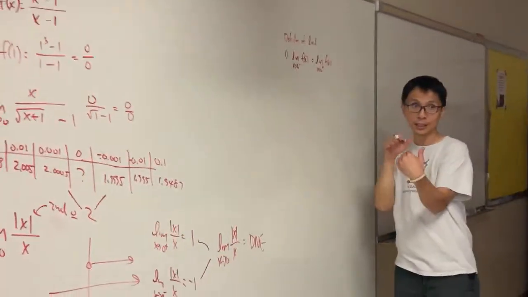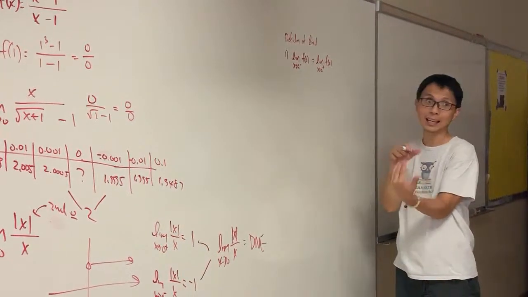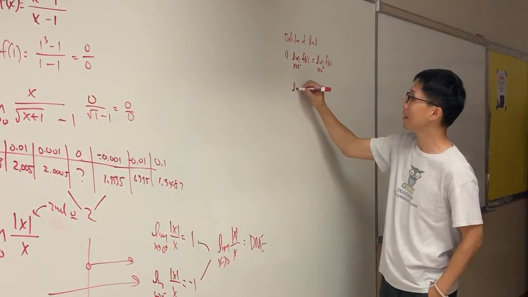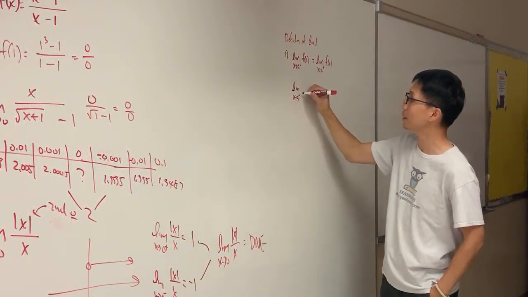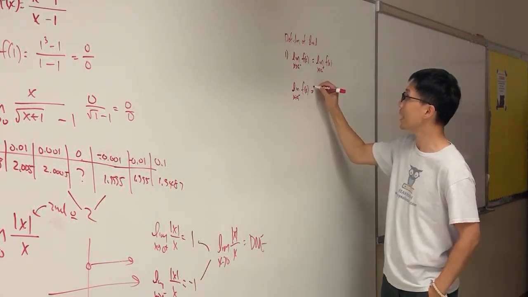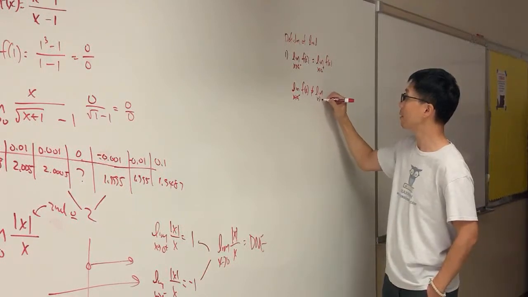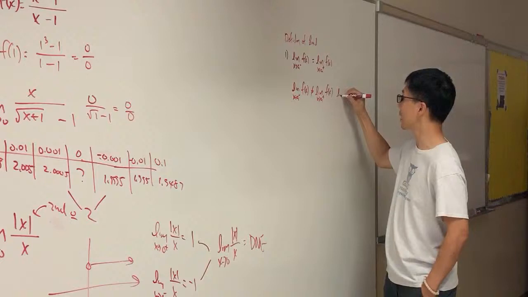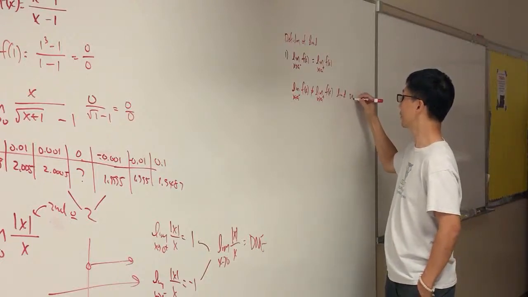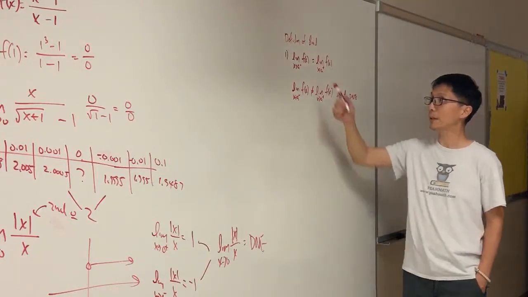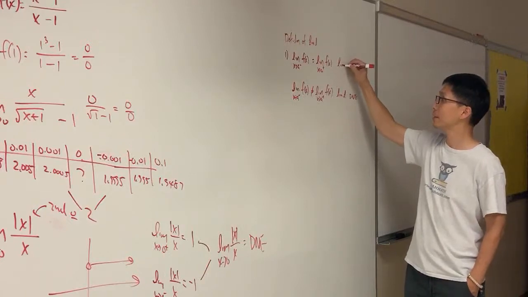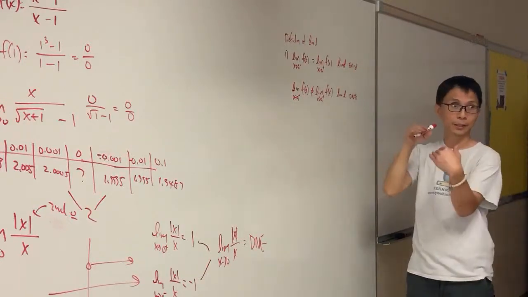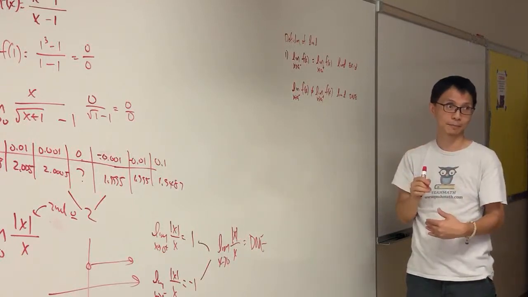If they reach exactly the same number, the limit exists. If the limit as x approaches a from the left side of f of x does not equal the limit as x approaches a from the positive side of f of x, that means the limit does not exist. If they reach each other, the limit exists. If they reach different numbers, it does not exist.